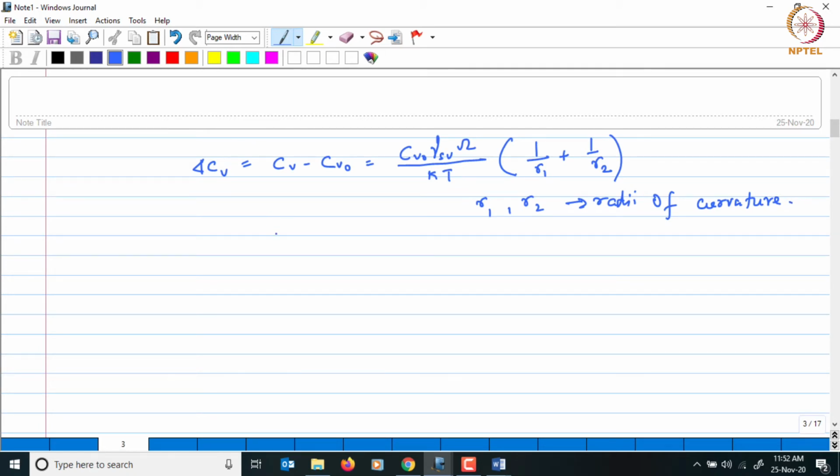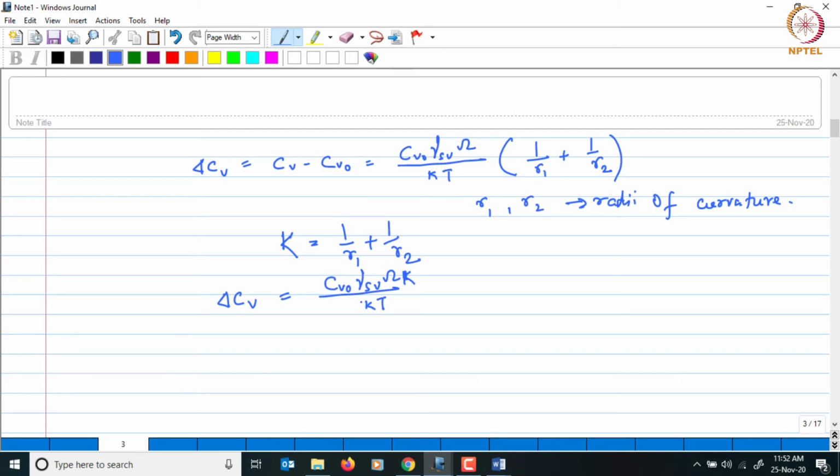If K is the curvature, then it is given as 1 by R1 plus 1 by R2, and therefore delta CV can be written as this.